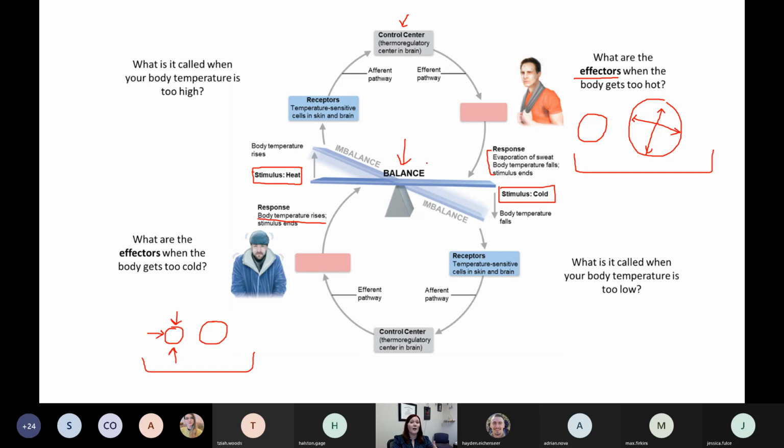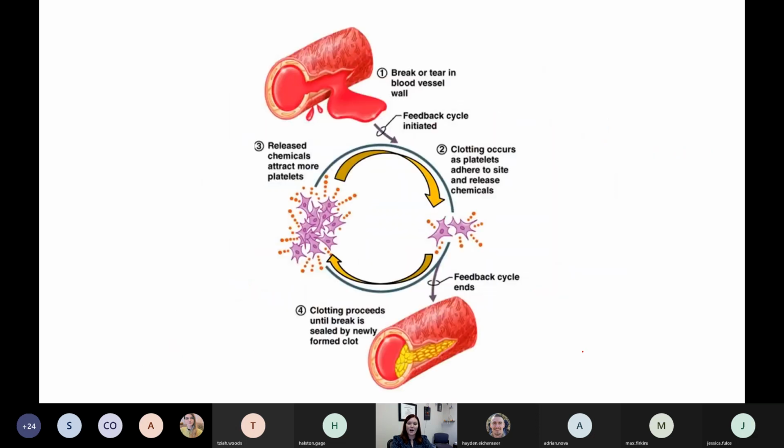Negative feedback loops are not going away. They are here to stay. There is one other kind of feedback loop that your body uses, though not nearly as regularly. And this is what we call a positive feedback loop.